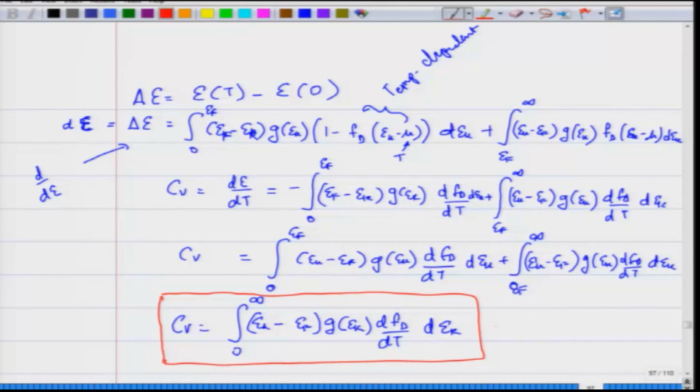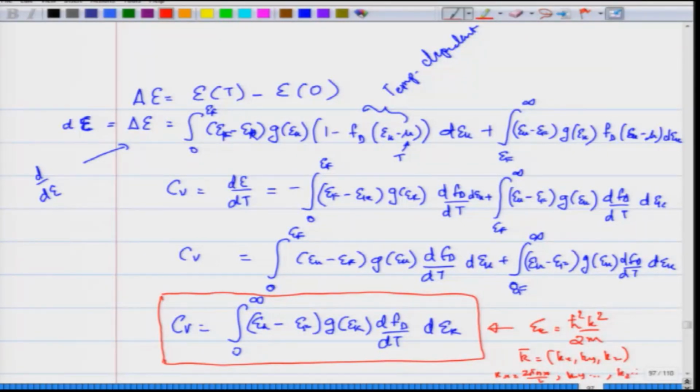So, this is your expression for the specific heat of the electron gas: Ek minus Ef, where Ek is h-cross squared k squared by 2m, the energy of the free electron gas, and k is the vector (kx, ky, kz), where kx is equal to 2 pi nx by L, and similarly ky and kz.